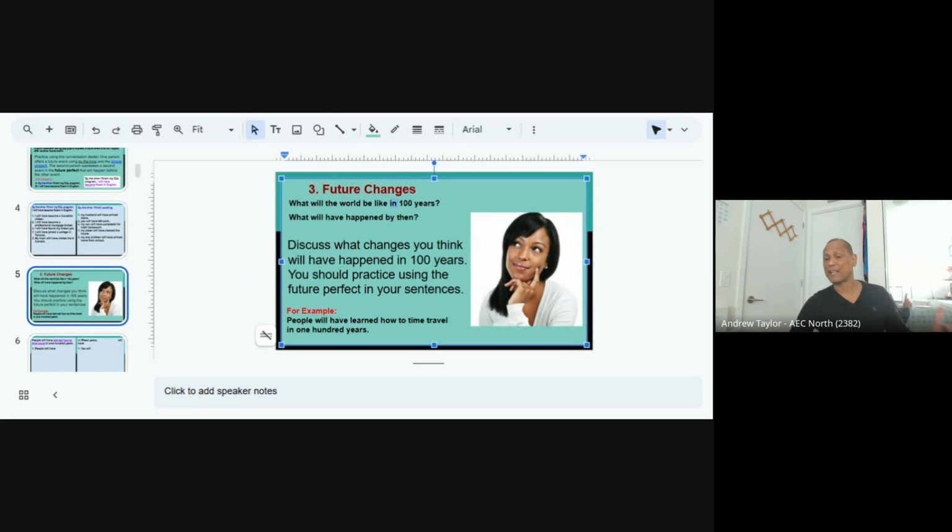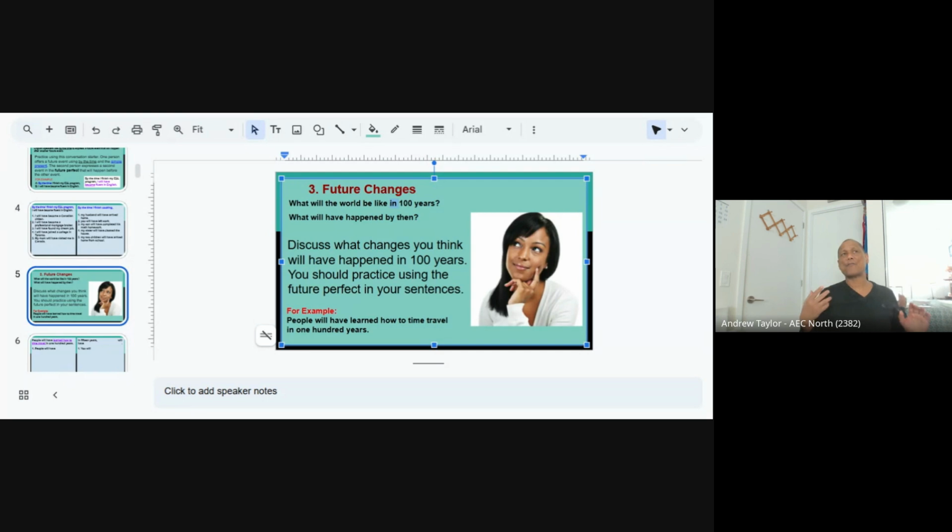Do not use by the time. You can go directly with in 100 years. For example, let me use by the time in this situation: people will have learned how to time travel by the time 100 years happens or arrive.